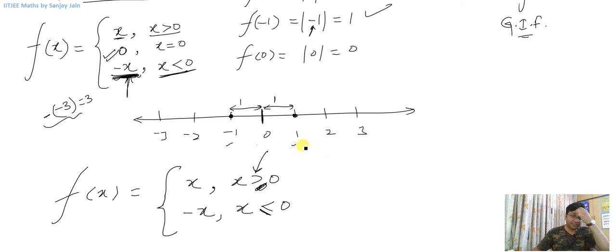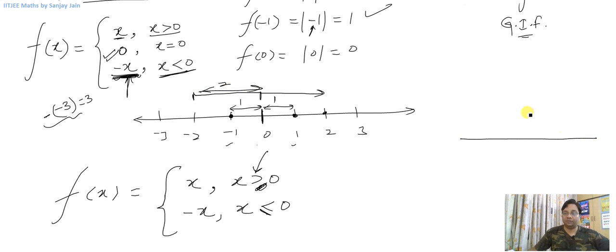Now if you want to make its graph, you see, when I put 2, what is the distance from 0? It is 2. When I put minus 2, it is again this distance is 2, right? So if you draw this Cartesian coordinate system, when I put 1, I'll get 1. When I put 2, I'll get 2.